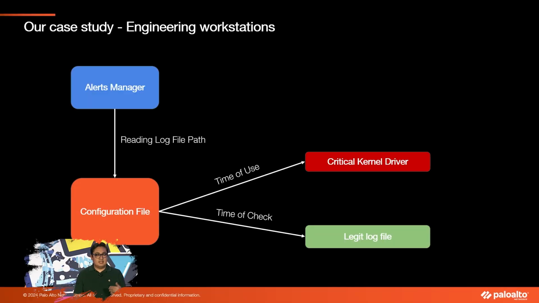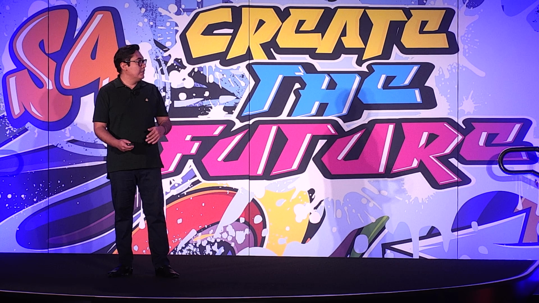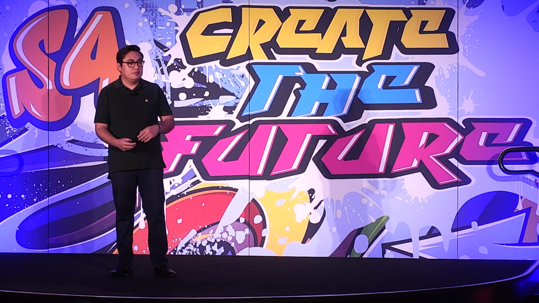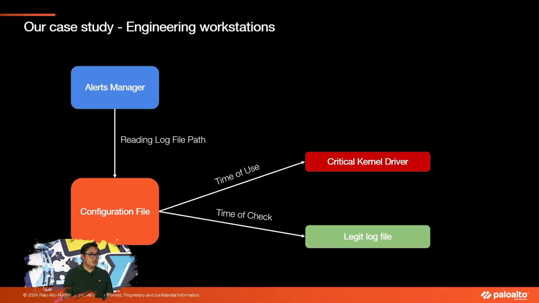So in this case, we have an alert manager that is looking into a configuration file, which it's going to write the operation into a legit log file. However, if you are able to replace it or point it to a critical binary, then you're going to be corrupting that critical binary.